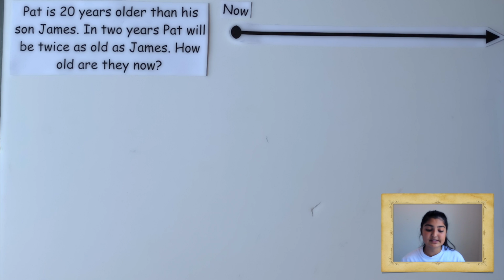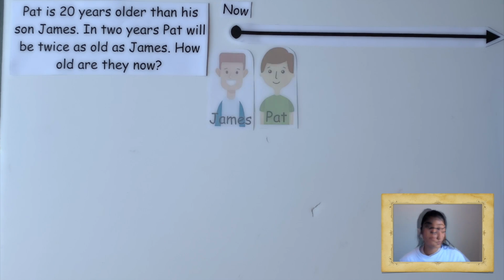So how old are Pat and James now? Well, this is what the question's asking. So we don't know how old James and Pat are now. So let's assume their age.